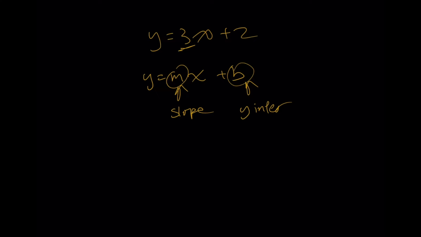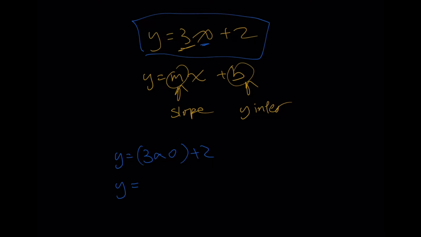Well, we could just come up with 2 points from this formula. So let's just say that x is equal to 0 first. So y is equal to 3 times, substitute 0 for x, 0, plus 2. We will get y is equal to 3 times 0 is 0, plus 2. So our first point will be when x is equal to 0, y is equal to 2. Let's get another point here.